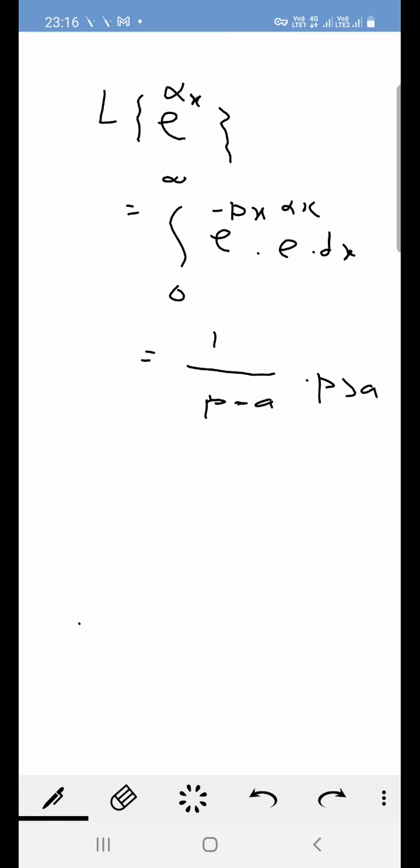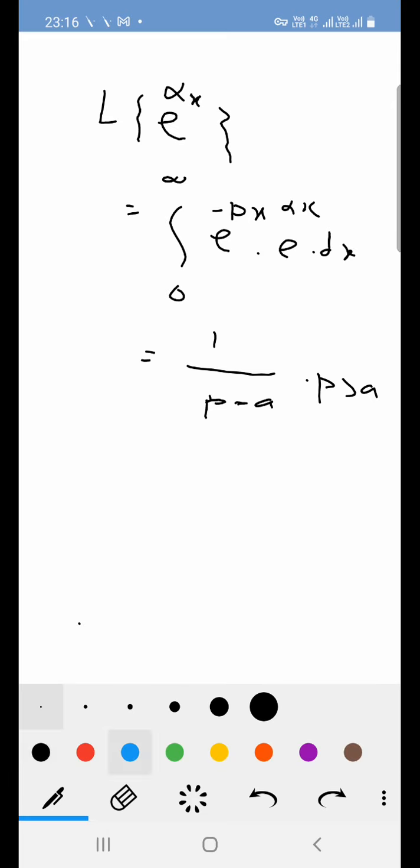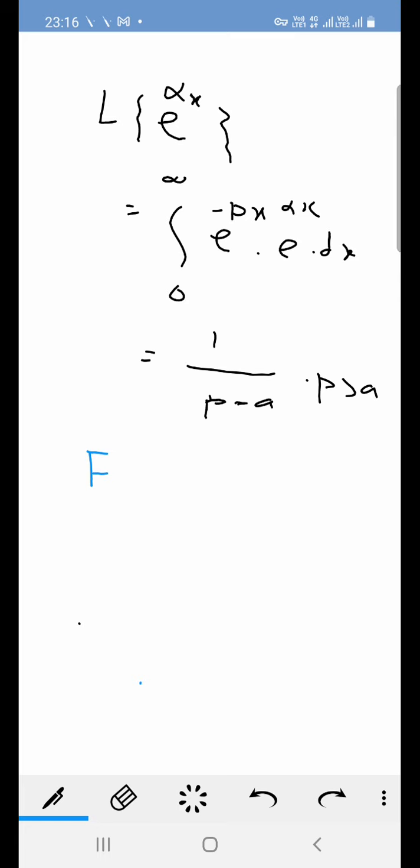Now we move on to the problem which we started. We had initially started with the problem that f(p) is equal to 2 by p to the power 4 plus 3 divided by p square plus 4.